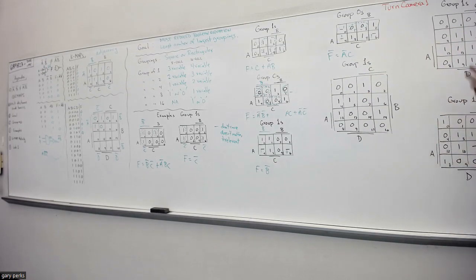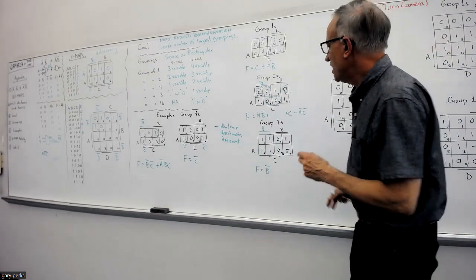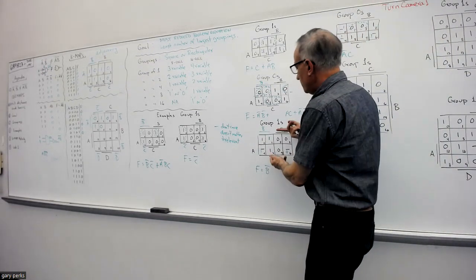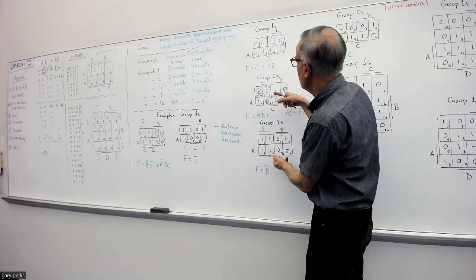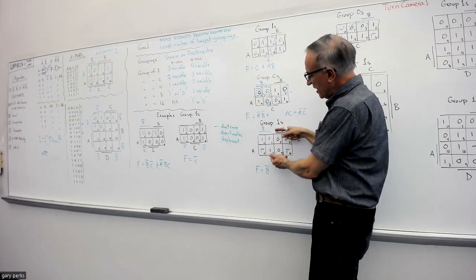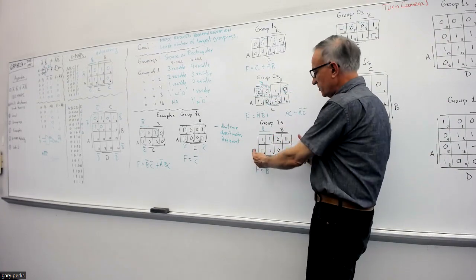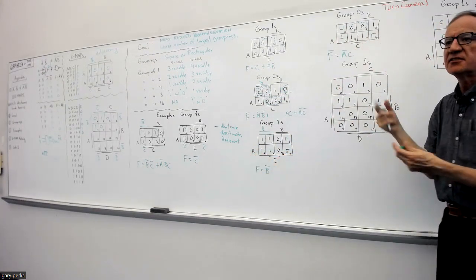Okay, so knowing that the edges touch, you can do a 2 grouping vertically like we've been doing. It doesn't really matter in an 8 cell, but with the 16 cell, these edges and these edges touch.